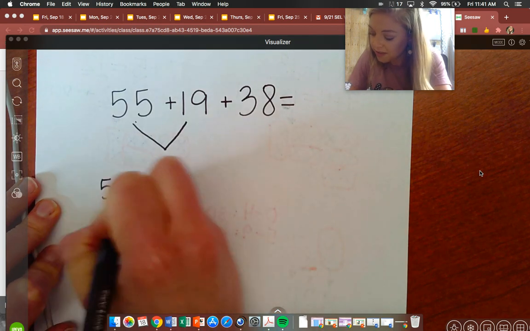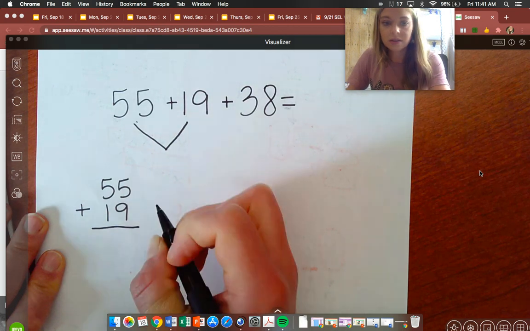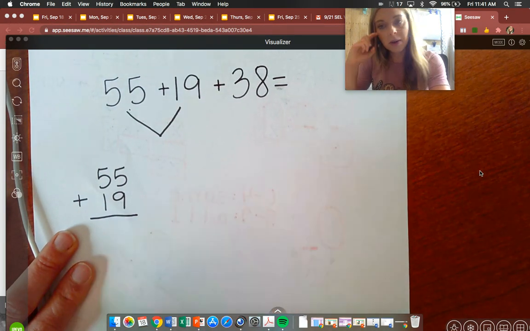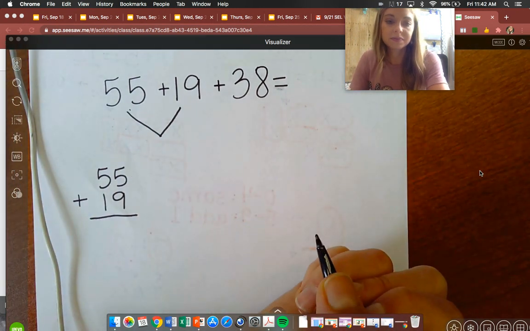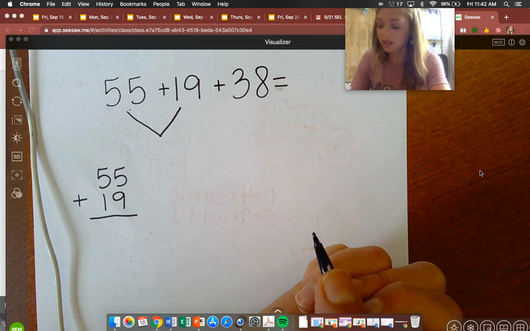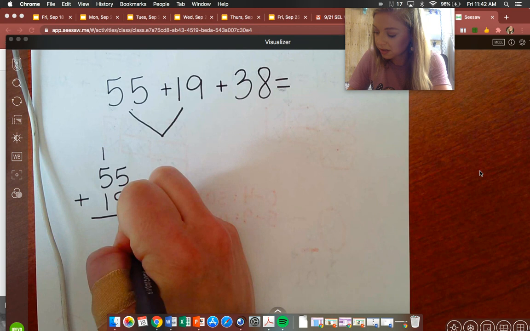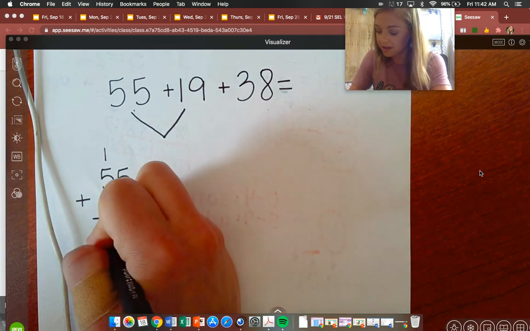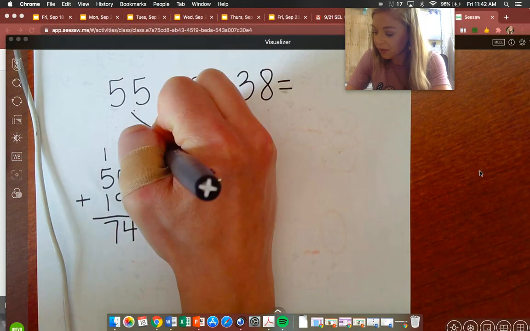I'll do 55 plus 19. So 5 plus 9, think about what that is in your head real quick. And that answer is 14. And then 1 plus 5 plus 1, which is 7. So 55 plus 19 is 74.